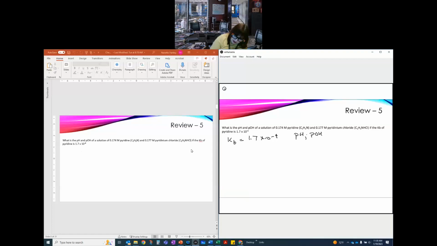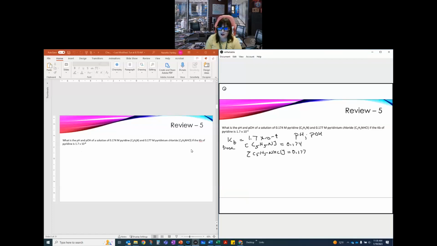We're given a concentration of pyridine, C5H5N, equal to 0.174, and a concentration of this pyridinium chloride, C5H5NHCl, equals 0.177.